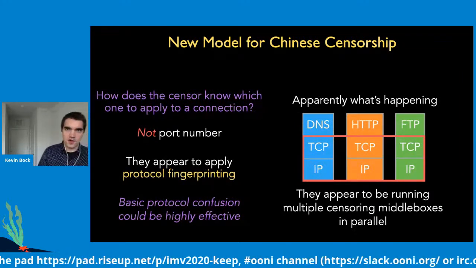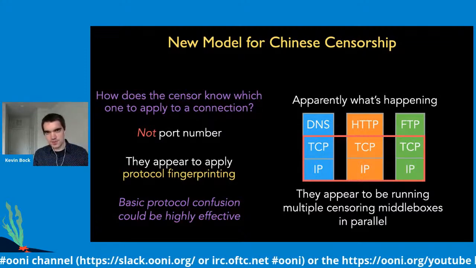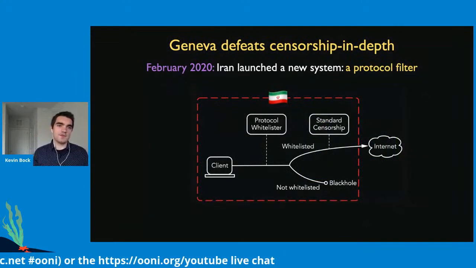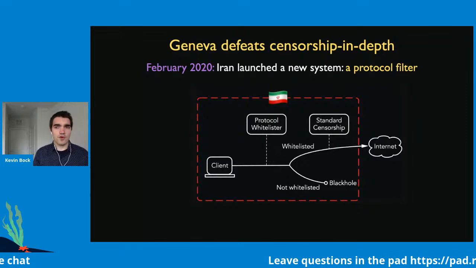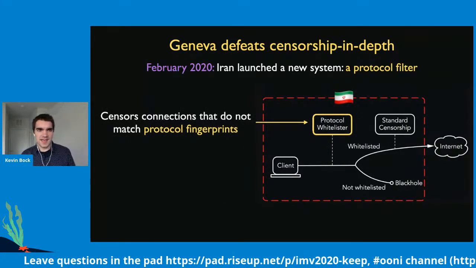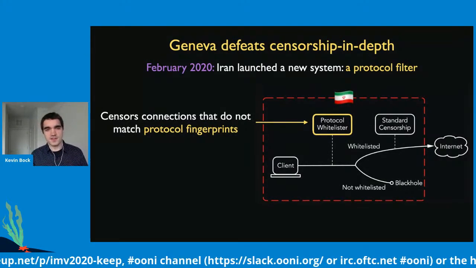Another interesting thing I'll call out is we've been running into censorship in depth and letting Geneva run against censorship-in-depth systems. Earlier this year in February, Iran very quietly launched a new system, a protocol filter or whitelister. Basically, any connection that does not match specific protocol fingerprints is censored.